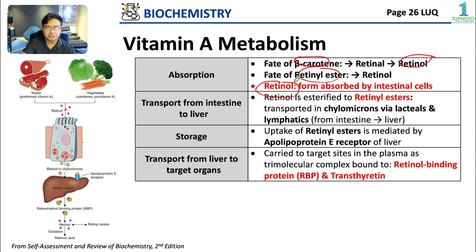And at the liver, they will be uptaken by your apolipoprotein E receptor, and these can be stored into the stellate cells of your liver for further use.